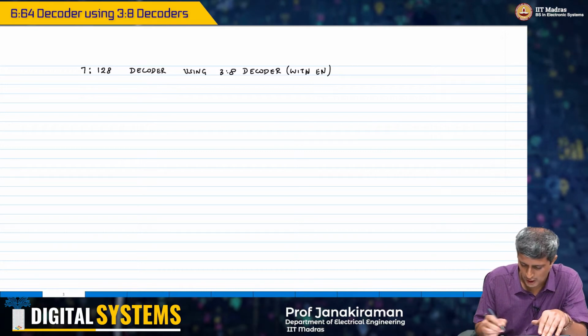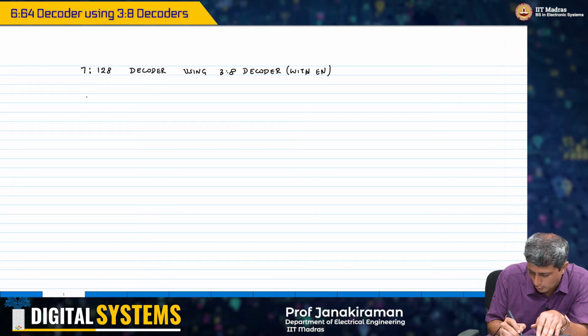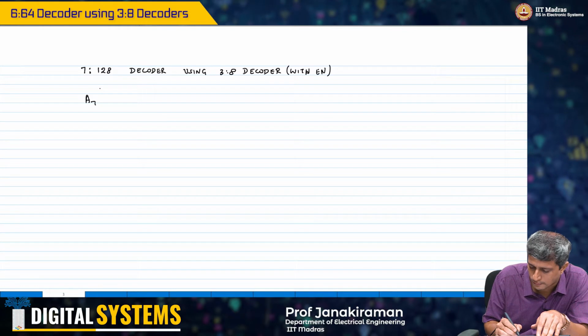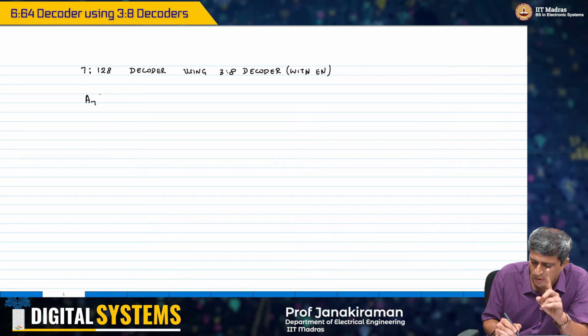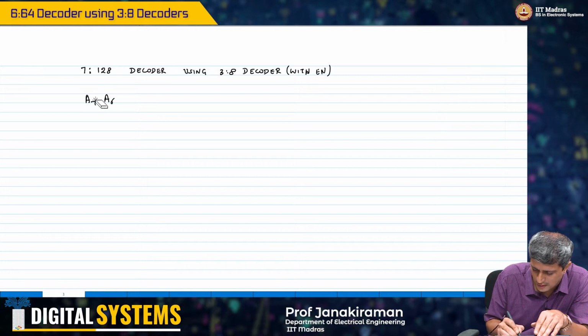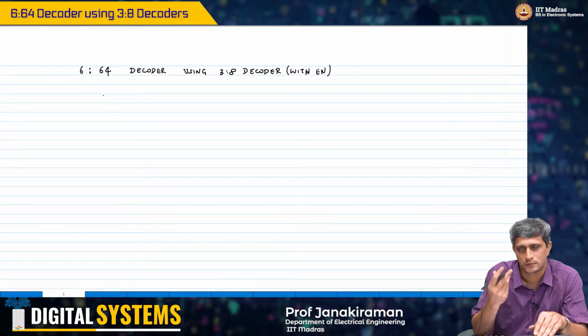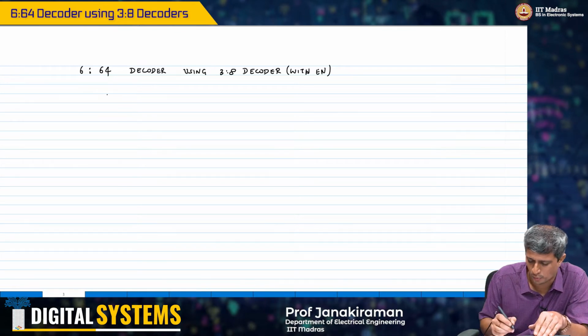So now let us look at what is this truth table first of all. Maybe I'll make it a 6 is to 64. I'll just add 3 more bits.